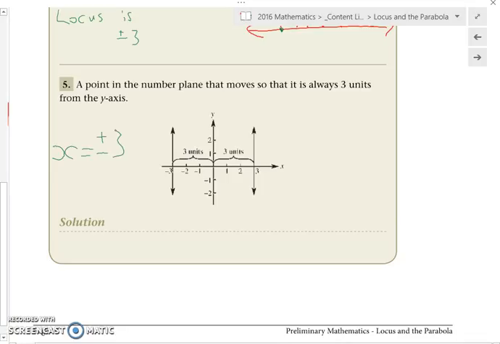Because they're both the points that are 3 units away from 0. Cool? So we now have 2 lines. x equals 3 and x equals -3. Okay, so it's 2 vertical lines. Happy with that? Excellent.